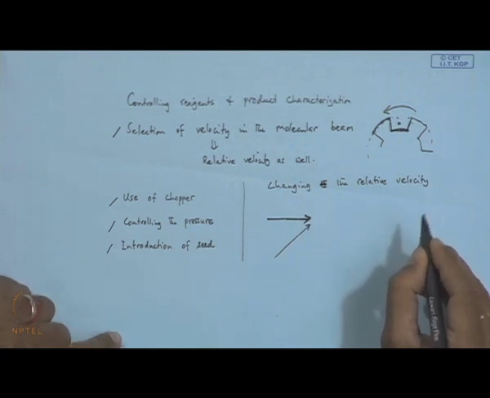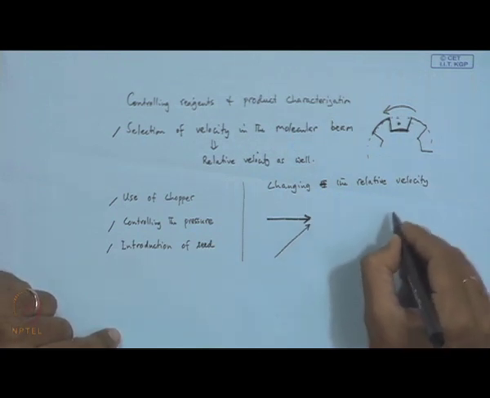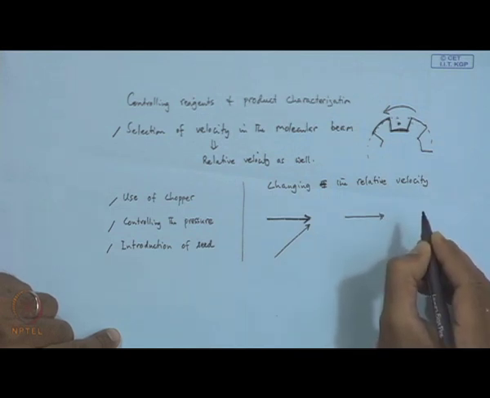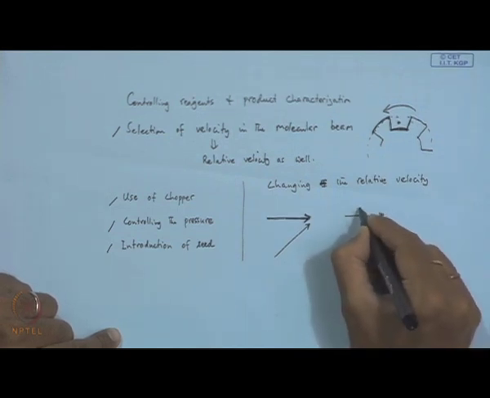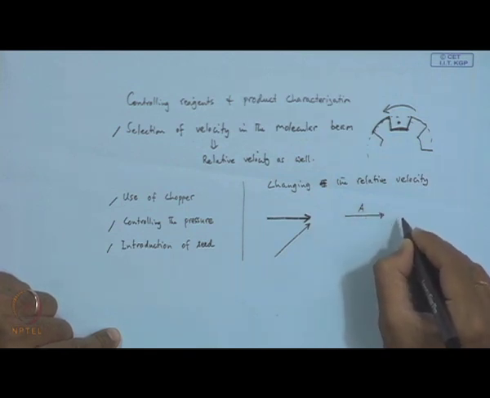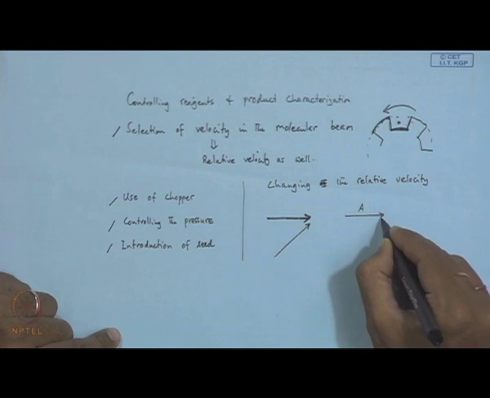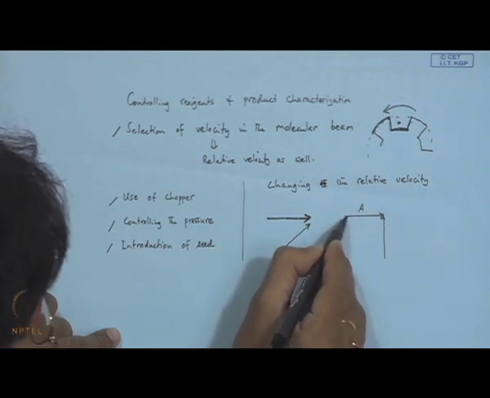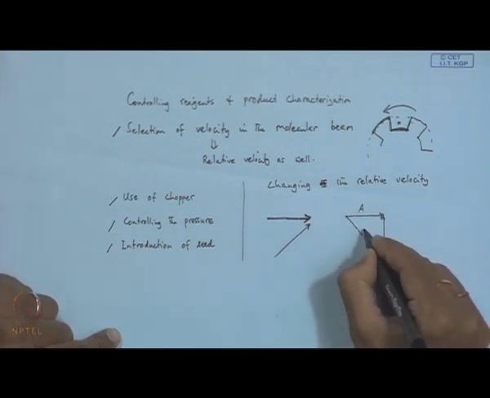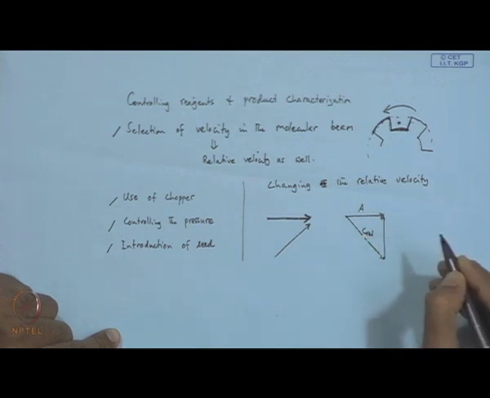So in that case, suppose this is your A, and originally this was your B. So your relative speed is this C relative.